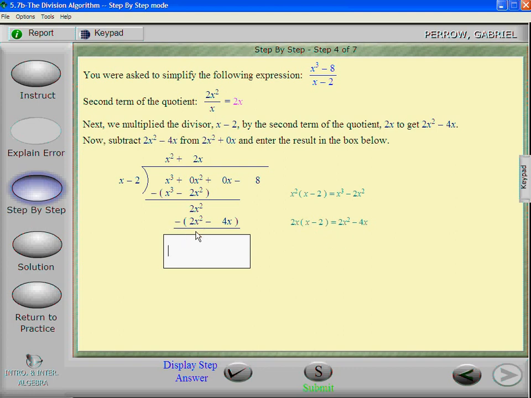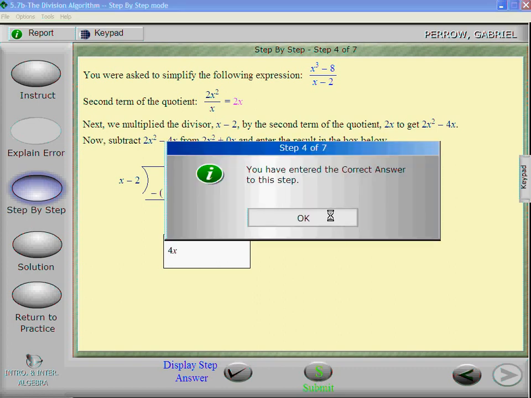Okay, change the signs, add the columns. You're going to end up with a plus 4x added to a 0x. These guys would cancel, right? So just a plus 4x with a 0x is a plus 4x. That's what we'd have there.